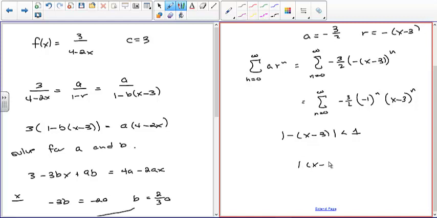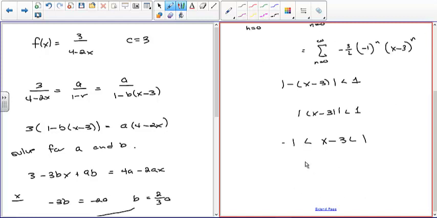We can then change it to this kind of inequality, and then add 3 to both sides, so it's good between x equals 2 and 4. When you're centering it around something other than x equals 0, the interval of convergence is tighter.